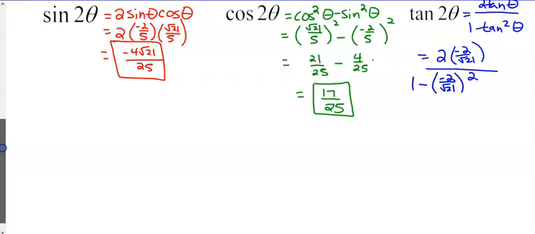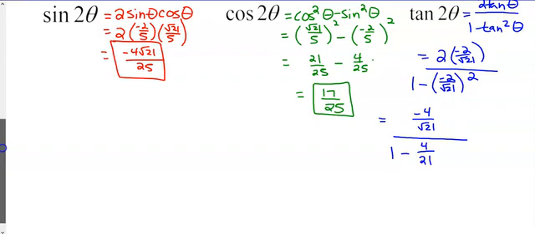And then these guys, you just gotta work with them until they get as simple as you think you can get them. So 2 times negative 2 is negative 4 over root 21, that's in our numerator. And then we have 1 minus, be careful here, negative 2 squared is actually positive 4. Negative times a negative is a positive, so 4 over 21.